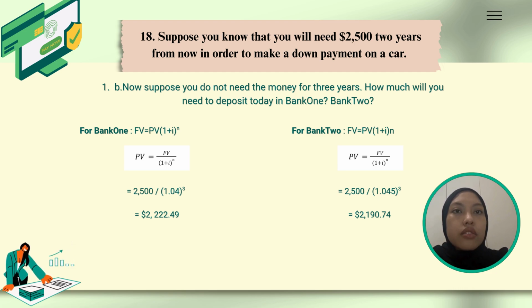So 2500 divided by (1.04) cubed. The answer for Bank 1 is $2,222.49.